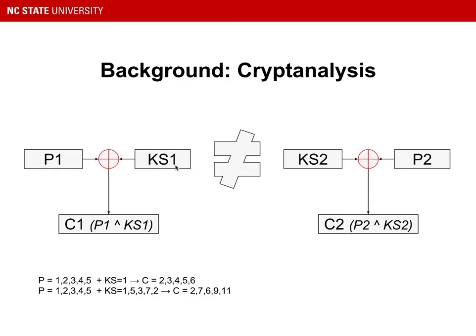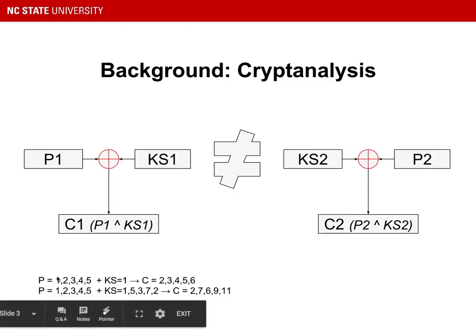Let's look at a hypothetical scenario where we have P equal to 1, 2, 3, 4, 5. And let's say the KS here is 1. When we combine the P and the KS, we're going to have C, which is 2, 3, 4, 5, 6. And as you can see, the pattern here is really recognizable.